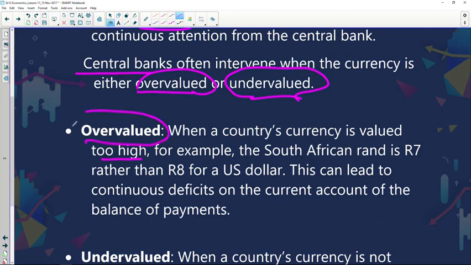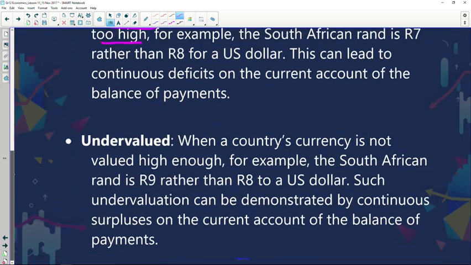So the intervention will kick in from the central bank to correct this situation. They will put corrective measures in place to address the fact that the currency is considered to be overvalued at that point.